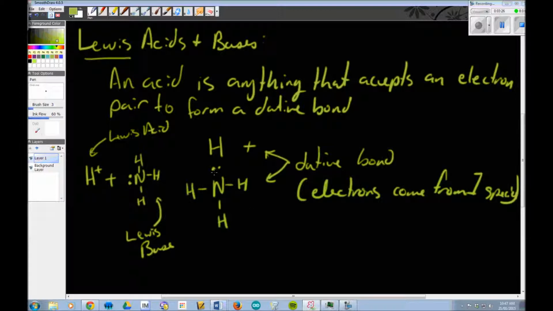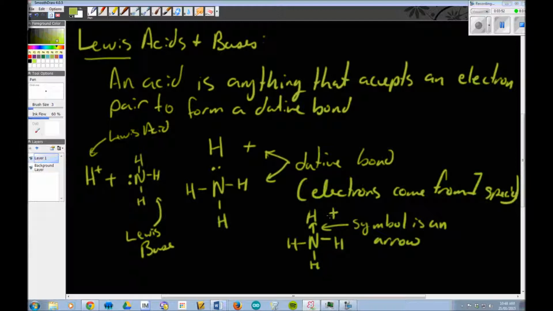Oftentimes, if you see a dative bond, it goes like this. It's made with a little arrow. That's the symbol for it. And it's basically saying, I'm sharing both my electrons with you, hydrogen.